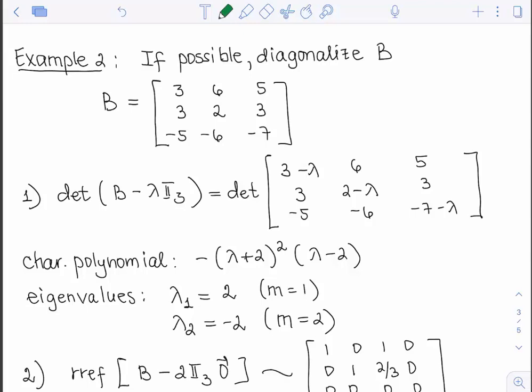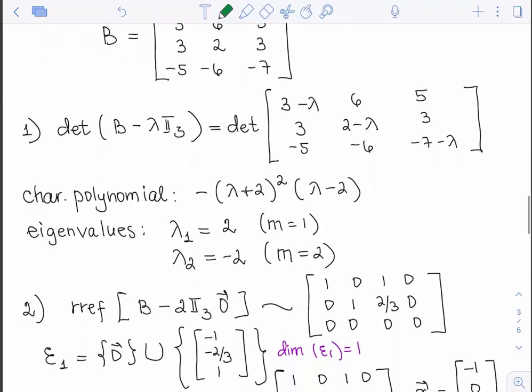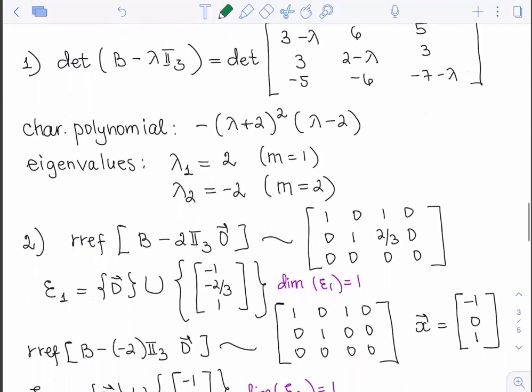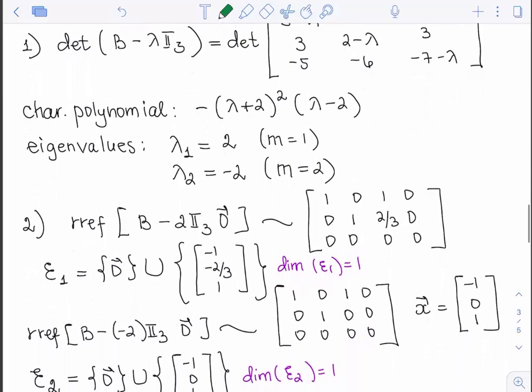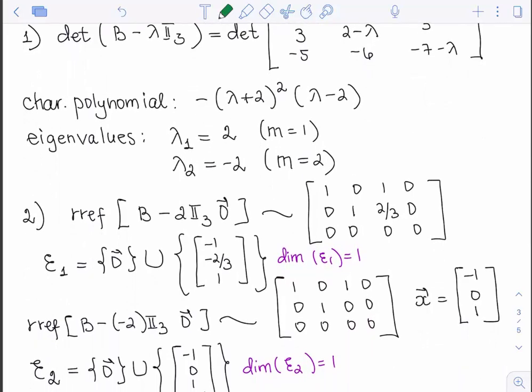We proceed just like we've done before. Okay, start looking at eigenspaces. So for the first eigenvalue, the one with multiplicity 1, we compute our eigenvector by again row reducing this matrix B minus 2 times the identity.